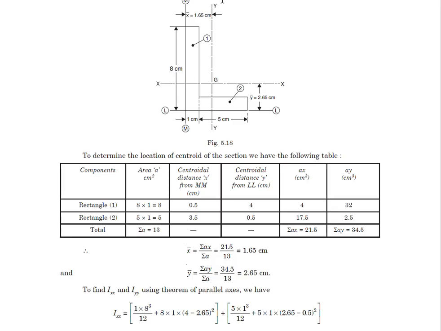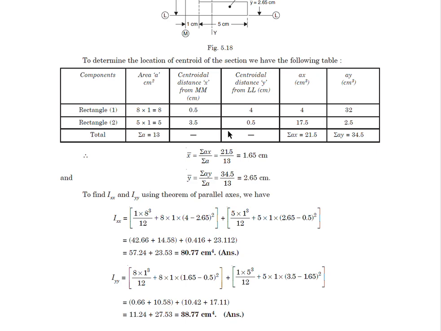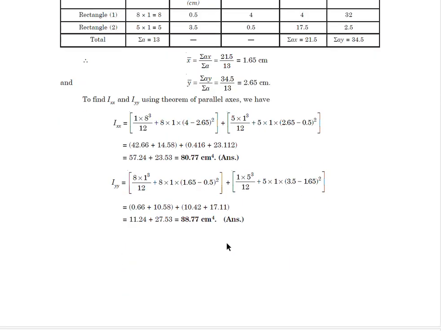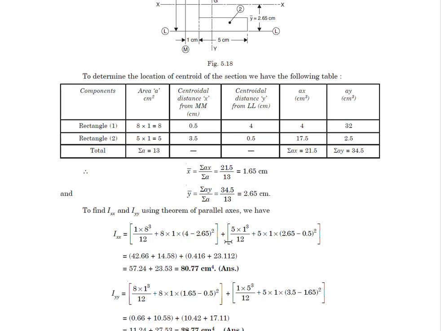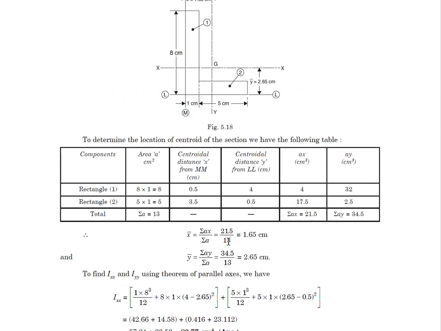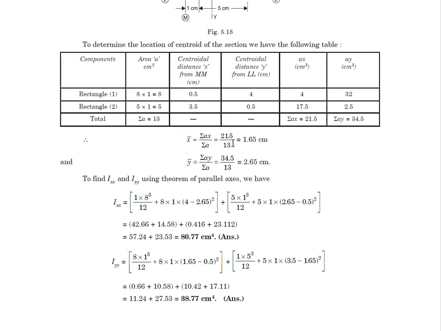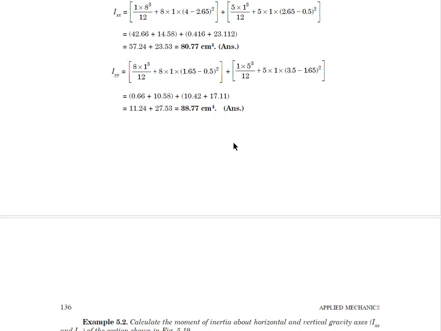Earlier it was horizontal, so this is line YY. Again, using the same procedure, you can find this. And if you are asked to find the moment of inertia about the z-axis, which passes through the CG and is perpendicular to the xy plane, that also you can find using the perpendicular axis theorem.